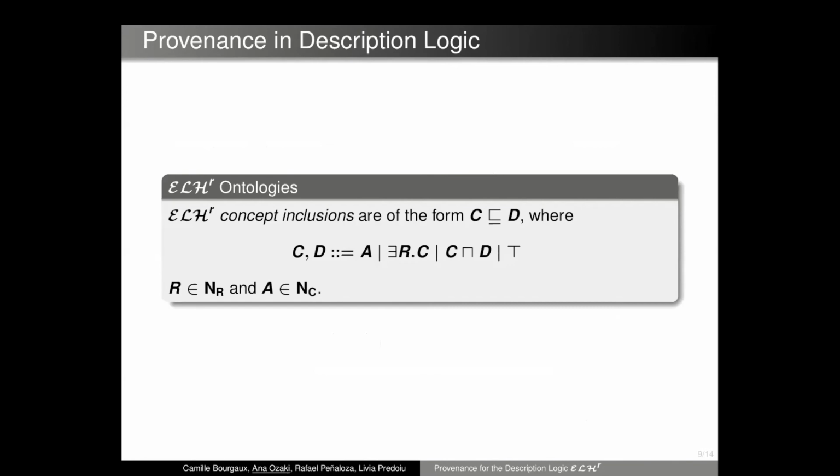Now I would like to talk a bit about this syntactic restriction that we imposed in concept inclusion. So suppose we don't have any such syntactic restriction, and suppose that here in our ontology we have concept inclusions of the form C implies D, where C and D are taken from this grammar rule.